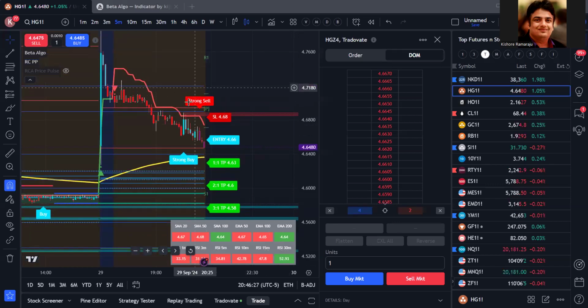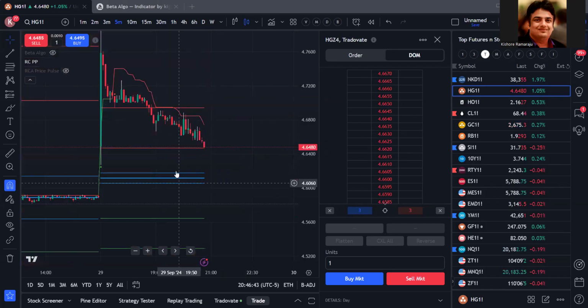So when you see a sell signal, also see, okay, am I above the EMA 200? Then it is bullish. So when you are above EMA 200, always look for the buy signals. And also, if you see you are above the lines, right? Above the lines means generally that is bullish.